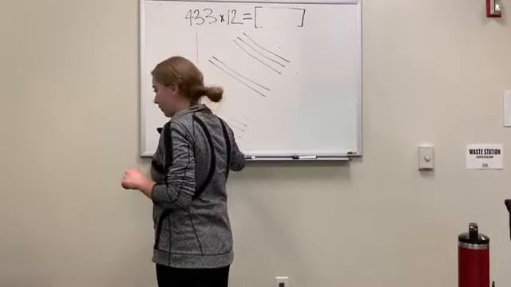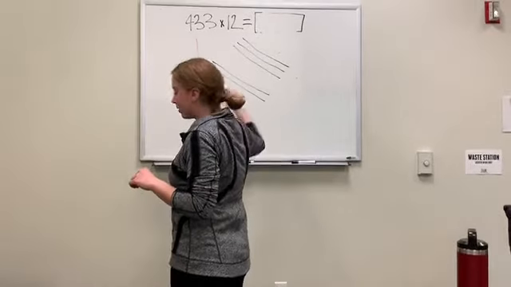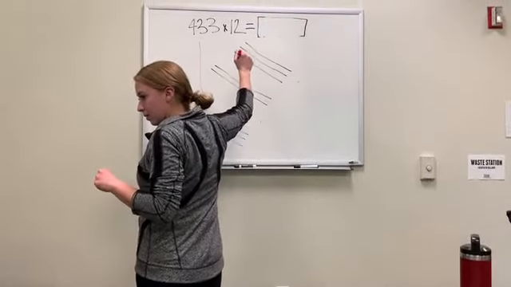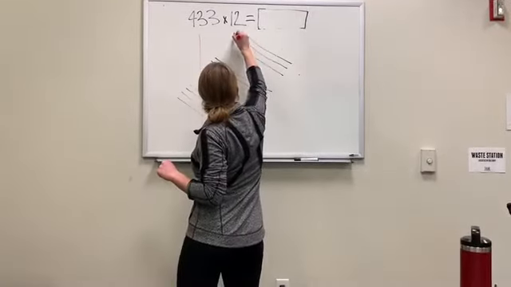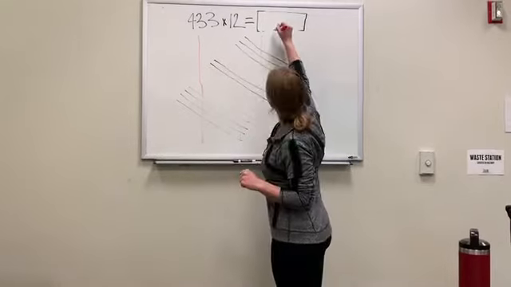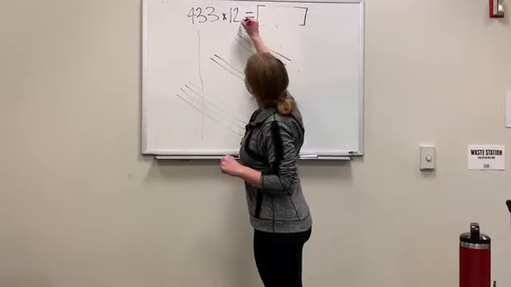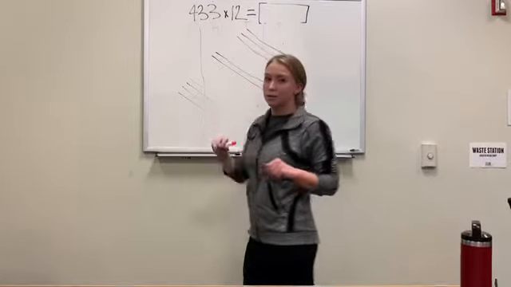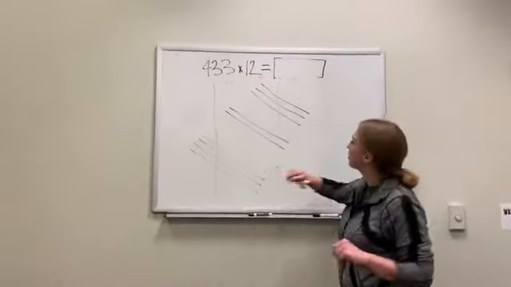That's that line. And then for this one we'll have our ones, tens, hundreds, and thousands. So it's a little bit different, and we have the thousands place value.